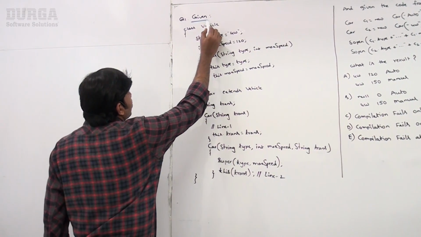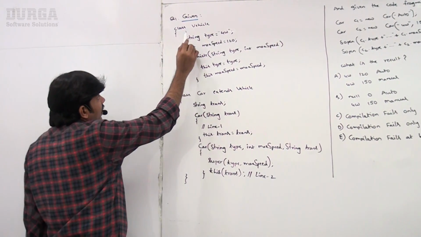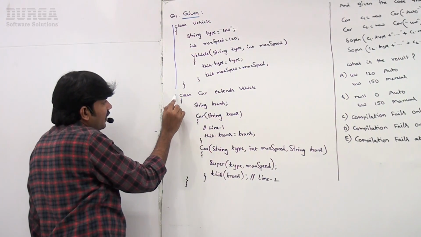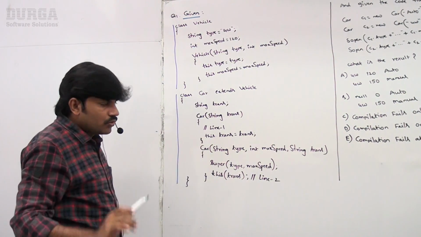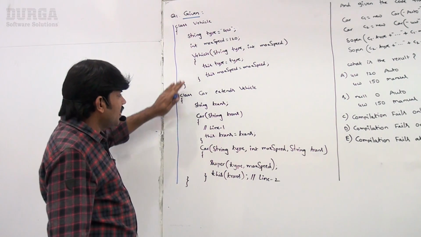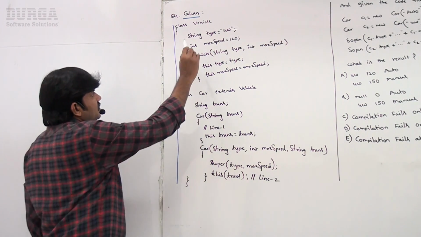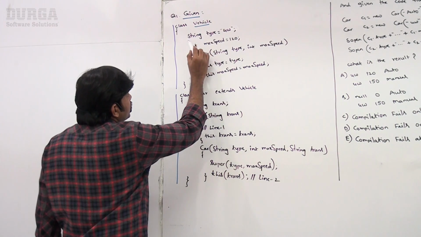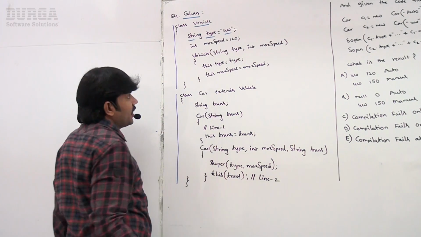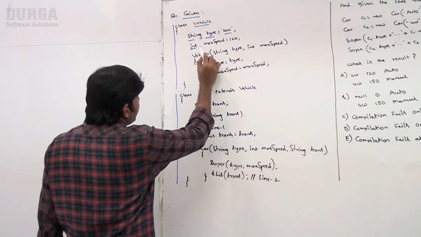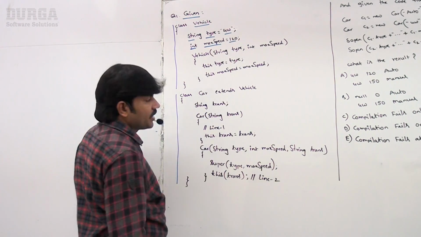Given a class Vehicle and a class Car. Two classes are available: one is the Vehicle class, the second one is the Car class. Class Vehicle has String type = "4-wheeler" (4W), and int maxSpeed = 120.